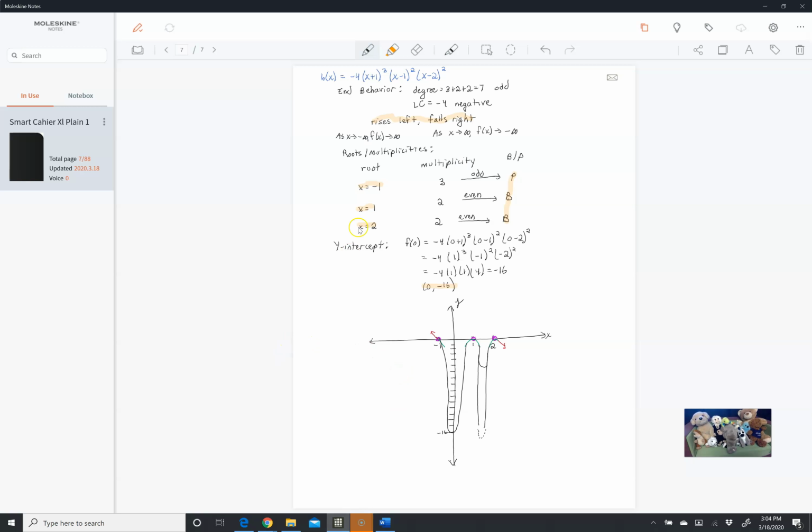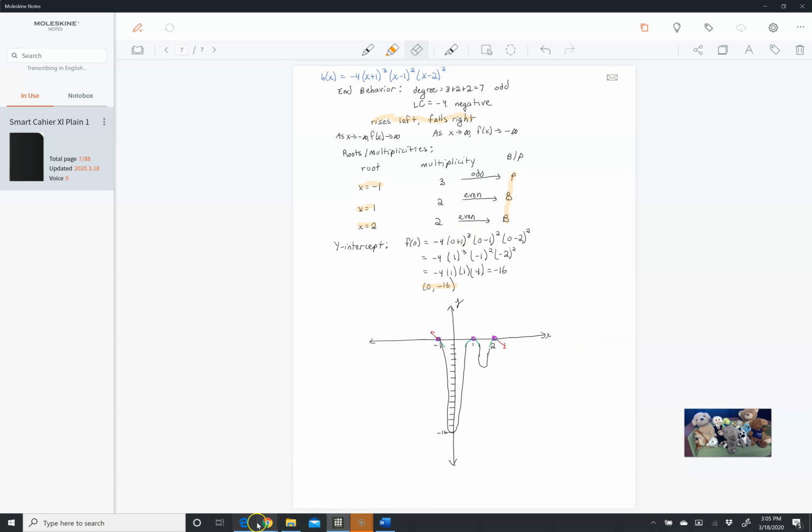Okay, and we can erase those lines there. Okay, so it looks more like that. And that's our final graph.